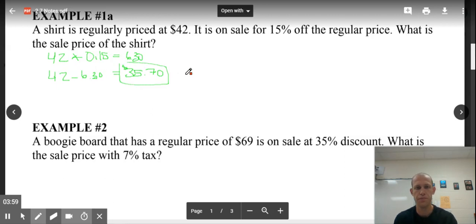Using method 2, I know that I had to originally pay 100%, but now I don't have to pay 15%. So the amount that I still have to pay is 85%. So I'm going to find 85% of the original amount. Oops, that's 42.